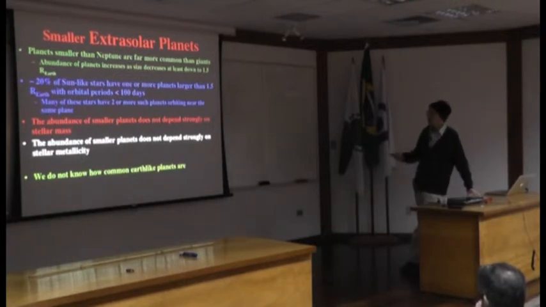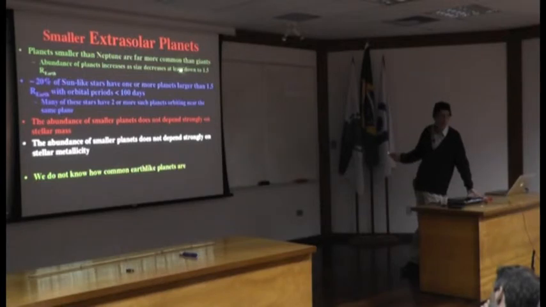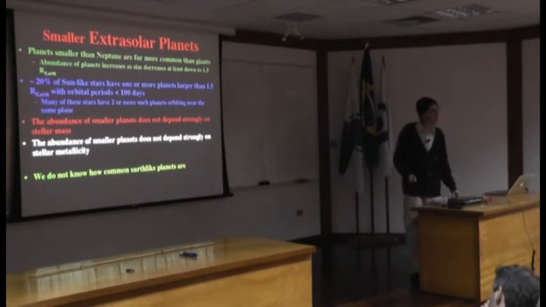With the smaller planets, those less massive than Neptune, some of them close in are actually a little physically larger, are far more common than giants, and the abundance of planets increases as size decreases down to at least 1.5 Earth radii. Probably smaller, but we don't have the data yet.